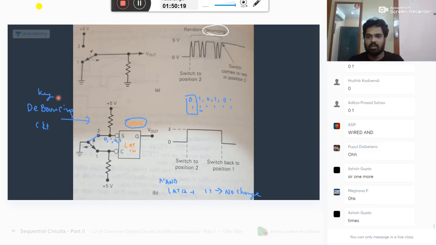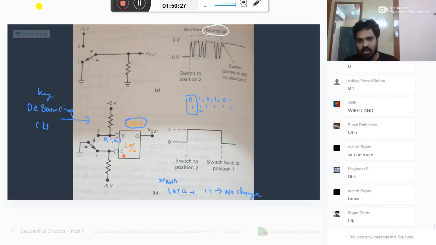Okay, listen. Little networks knowledge is required here, and keep this. See here. Originally, suppose it is not a flip-flop, if the latch is not there, what happens when I move the switch to ground? First assume these two are 5 volts. That means already you have 1 and 1. Now I am connecting ground either here or here.